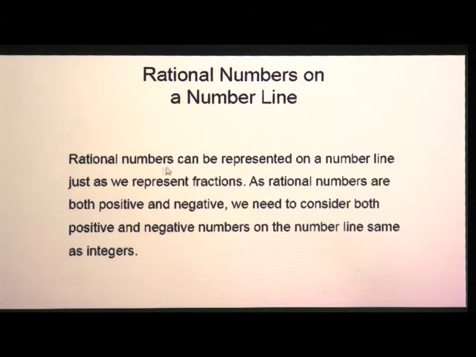A rational number can be represented on a number line just as we represent fractions. You have learned in the previous class how to represent a fraction on a number line. As rational numbers are both positive and negative, we need to consider both positive and negative numbers on the number line, same as integers.